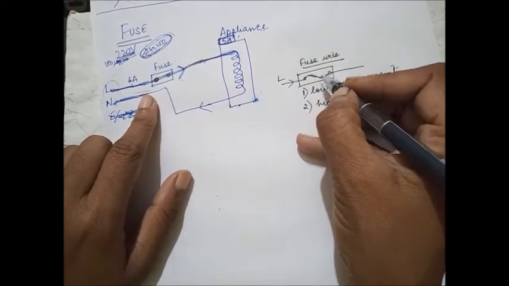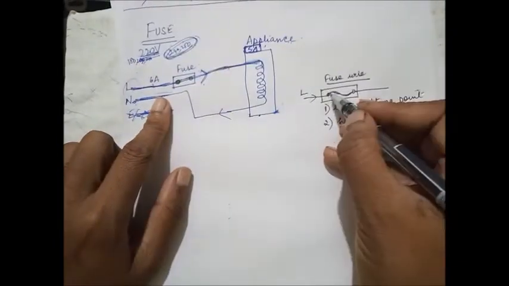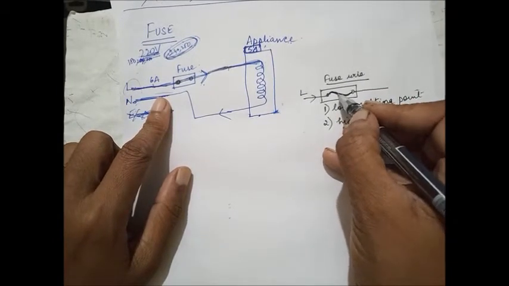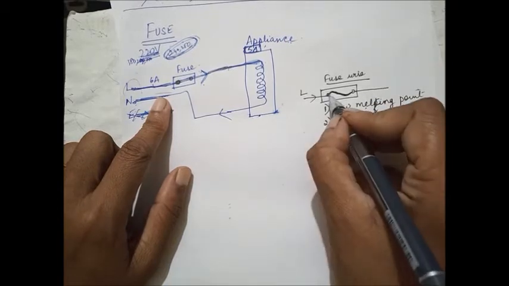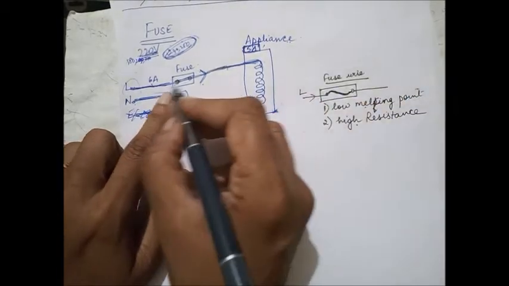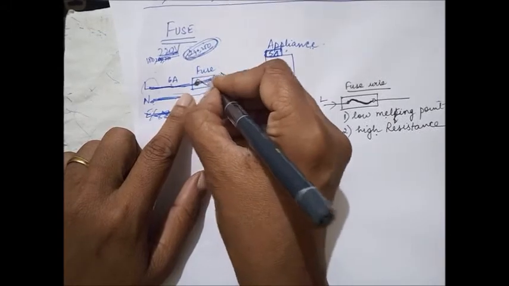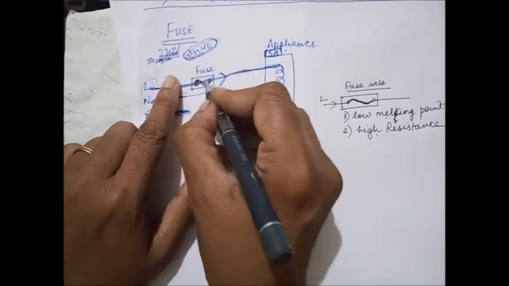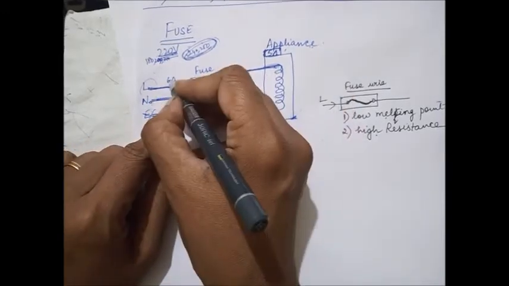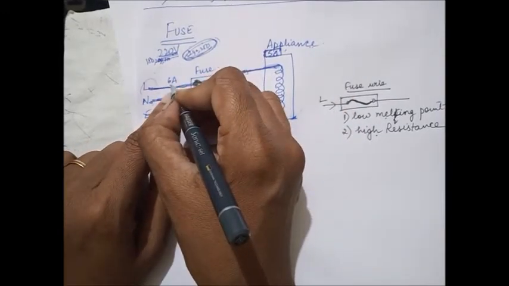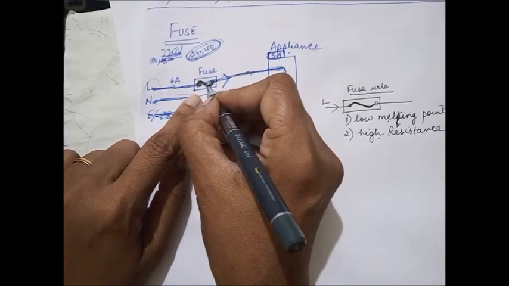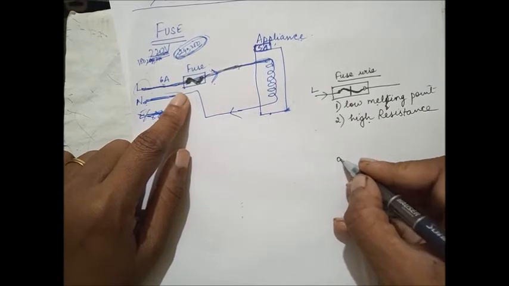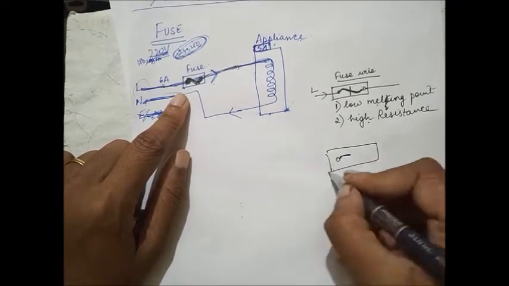Fuse wires are of different thicknesses. There is a fuse wire which will not melt till 5 ampere, and when the current crosses 5 ampere, it will melt. Such a fuse wire they'll put here. Till 5 ampere nothing will happen; it will keep conducting the current. Now one day when the current comes as 6 ampere, this gets heated up so much that it gets cut.